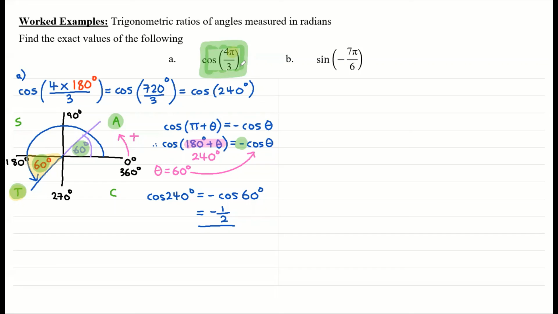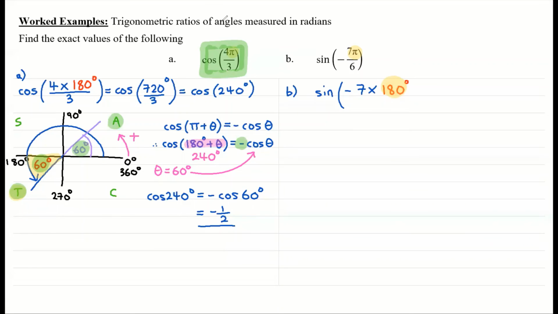If we move on to part B, it's a similar story. Okay, so you might want to just rewrite that as the sine of an angle given in degrees. So it's going to be the sine of -7 multiplied by 180 degrees, because we don't want to use the pi radians there. We want to swap it for the 180 degrees.